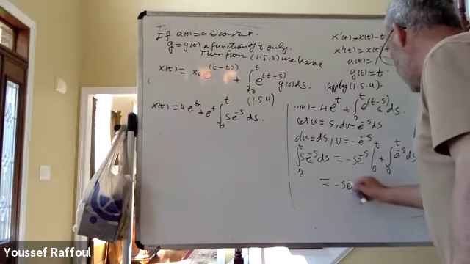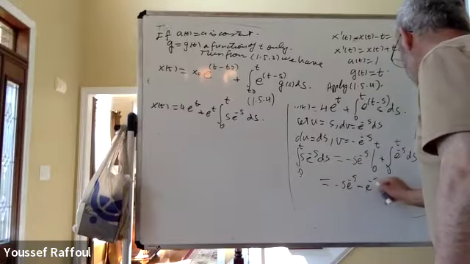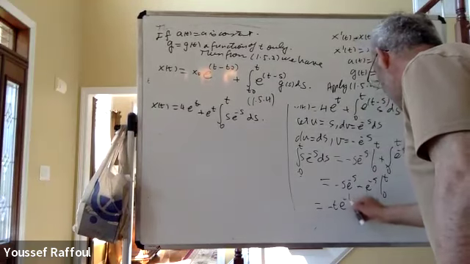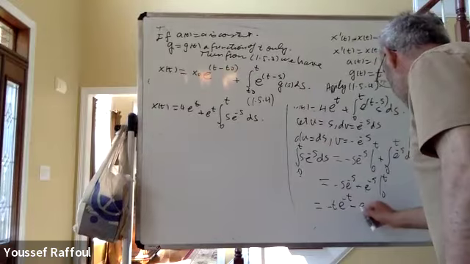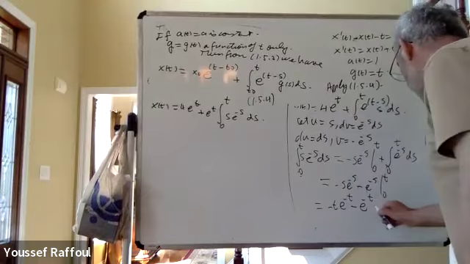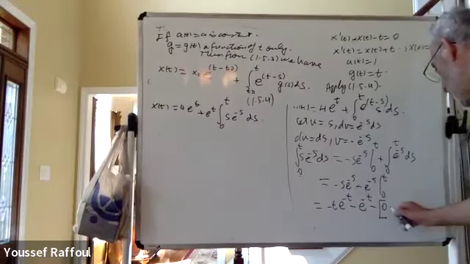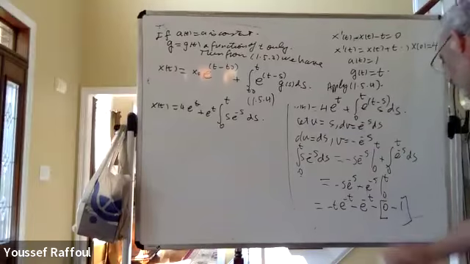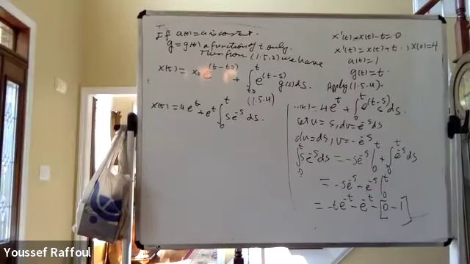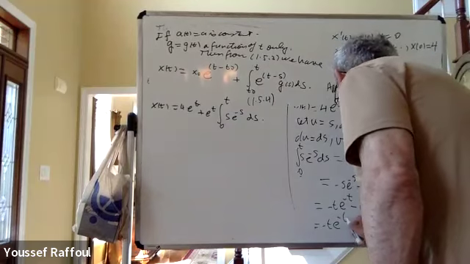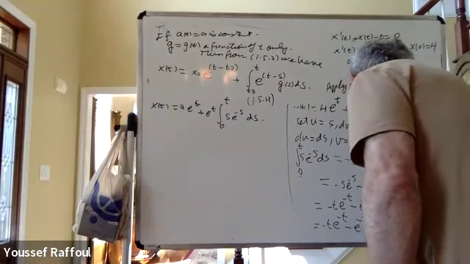So this is minus s e to the minus s minus e to the minus s from 0 to t, and that is minus t e to the minus t minus e to the minus t minus, if you put 0 in, you're going to get 0 minus 1. Plus 1. All right, so this is minus t e to the minus t minus e to the minus t plus 1.